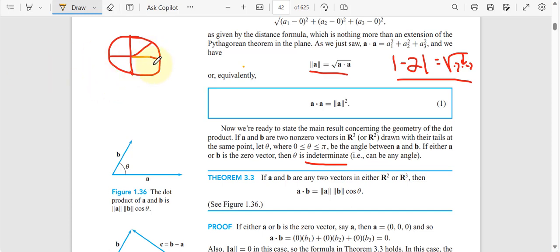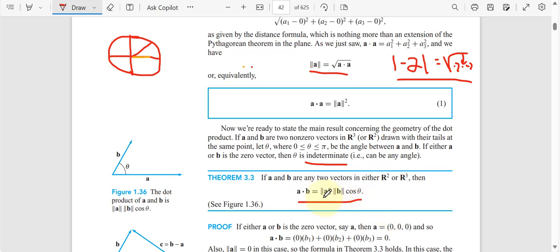So what happens to the cosine as we go from a 0 angle to a 90-degree angle? When it's a 0 angle, the cosine is 1, and when we get to 90 degrees, the cosine, the x-coordinate up here, is 0. So it goes from 1 to 0. So what does that mean about this formula here, which has the cosine of the angle between them?